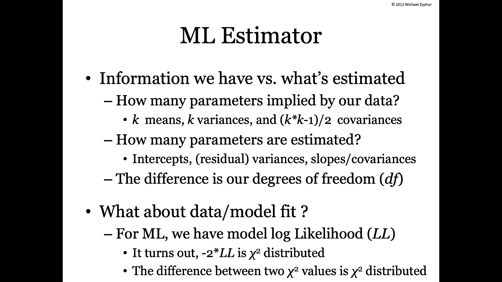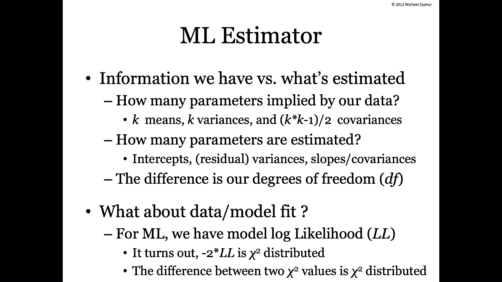How are those things related? Well, for maximum likelihood, we have a number called the log likelihood, or the likelihood, for the model that we estimate. It's a probabilistic concept that relates the model to the observed data. If you take the log likelihood value and multiply it by -2, that has a chi-square distribution, conditional on certain assumptions.